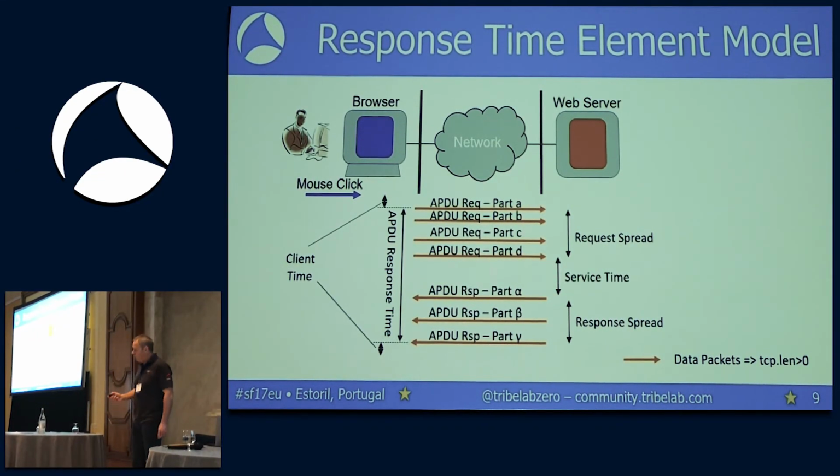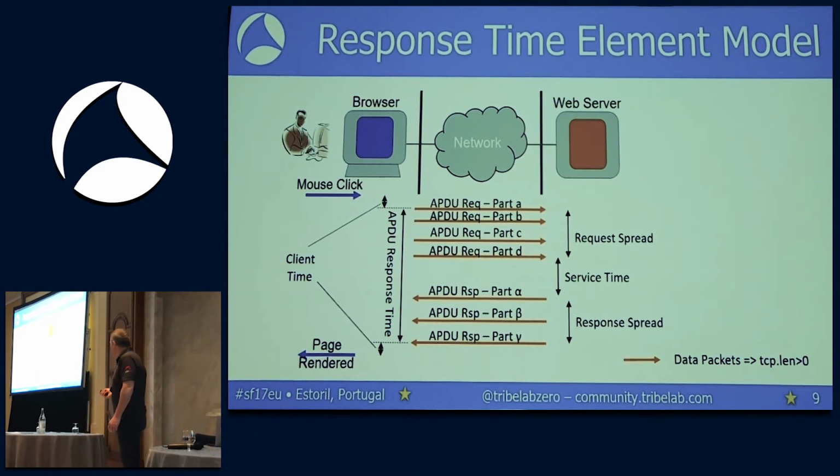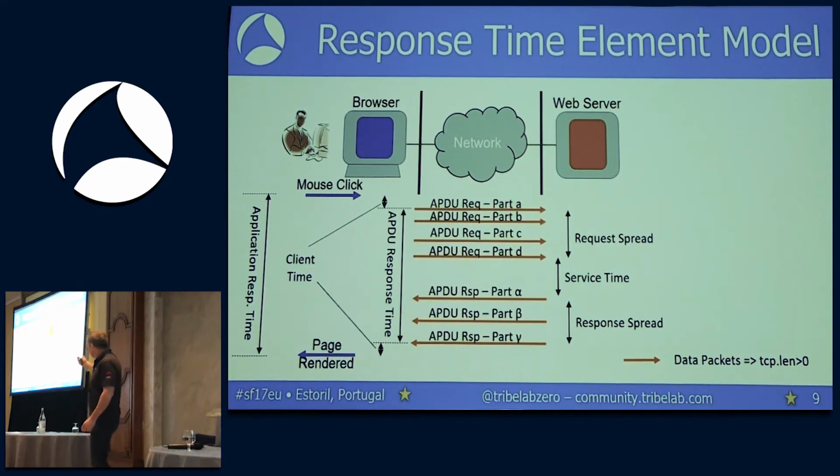We get some client time, and then the page is rendered. So just a straightforward, what happened? This connects to this type of pattern. And of course, the user's experience is from the mouse click through to the page render. So in that case, if the APDU response time was small, but the user's experience of the response time was large, where would the problem be?